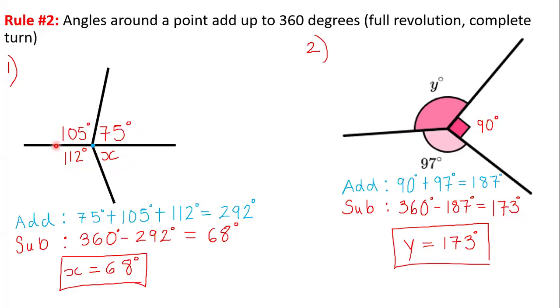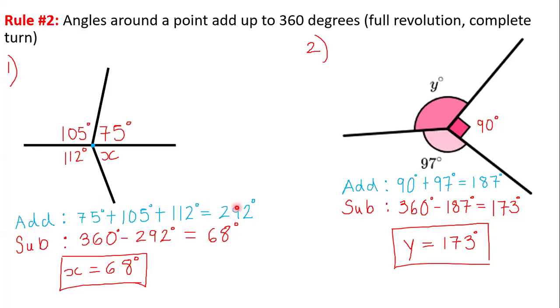The sum should be equal to 360. If we want to find what x is, the first thing we're going to do is add the numbers. 75, 105, and 112. That should give us 292.